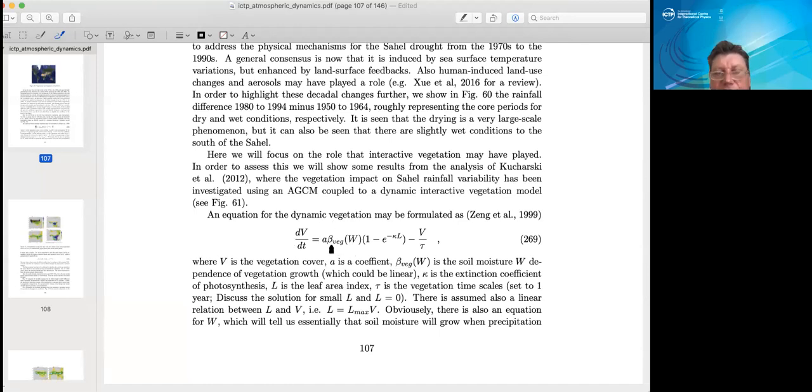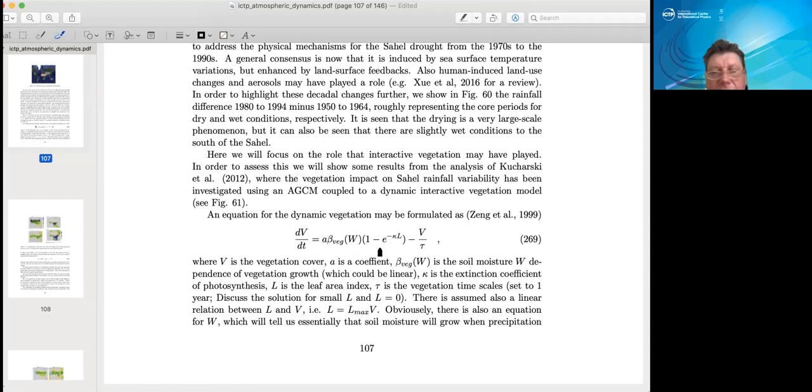And then there can be several terms. One term says that if I have a lot of soil moisture available, then I expect the vegetation to grow by some quantity. In this equation, these are not derived from first principles, but are estimated from field campaigns or from observations of how vegetation is related to soil moisture and, in this case, also to the availability of solar radiation.